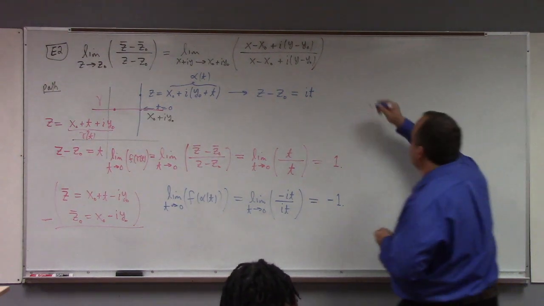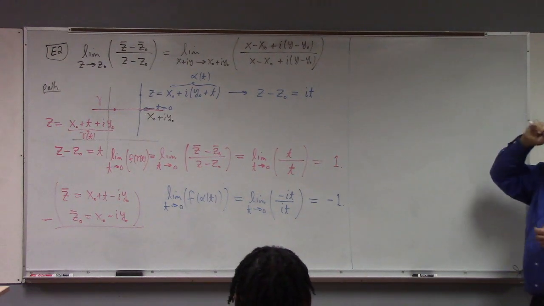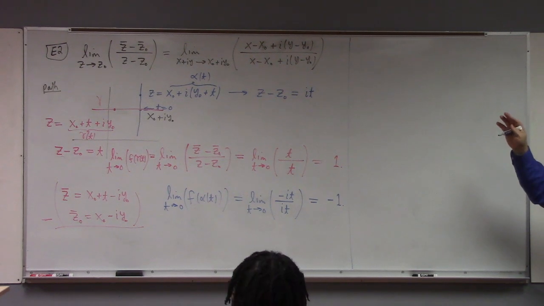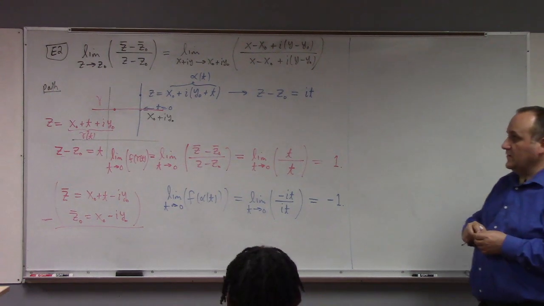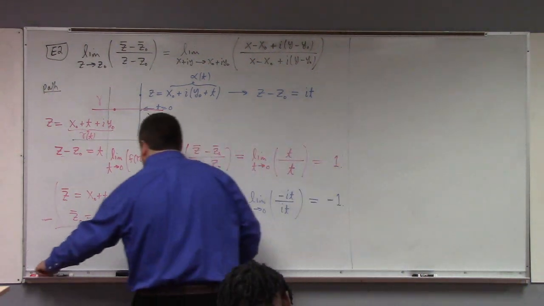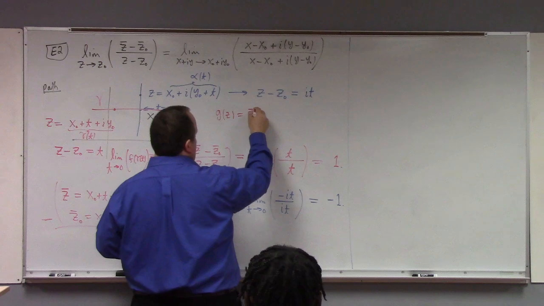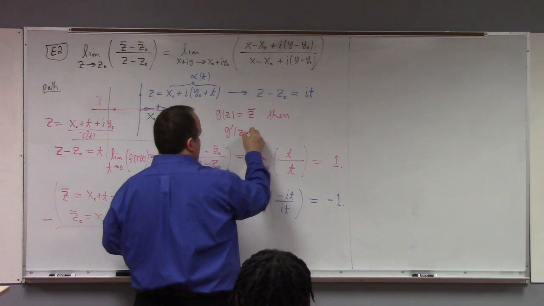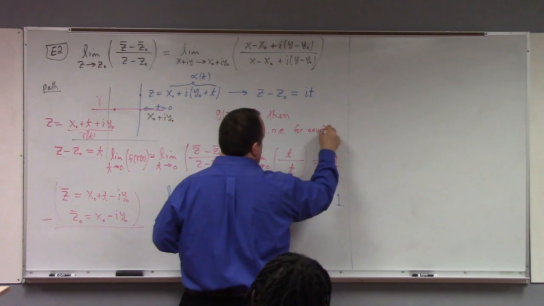Okay, so enough about that. This actually has a significance. What this calculation goes to show is that if you look at the function g of z equals z bar, then g prime of z naught does not exist for any z naught in the complex numbers.